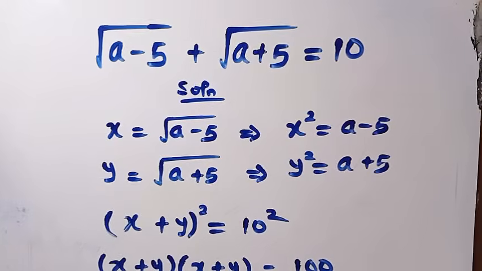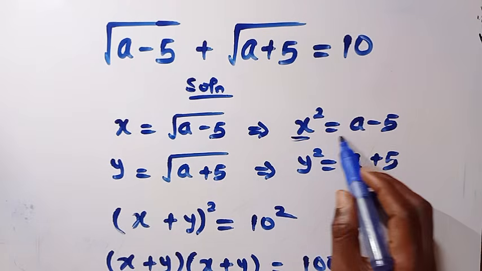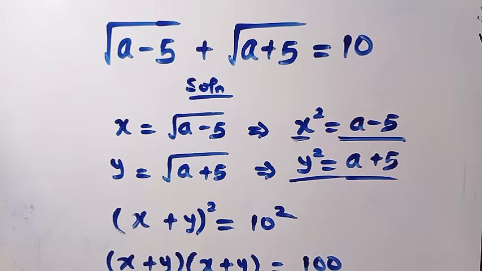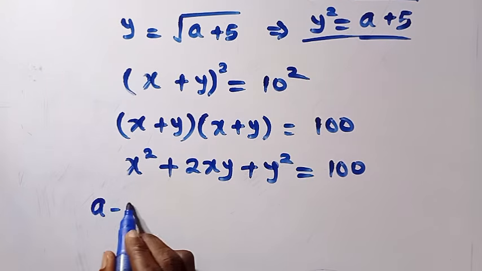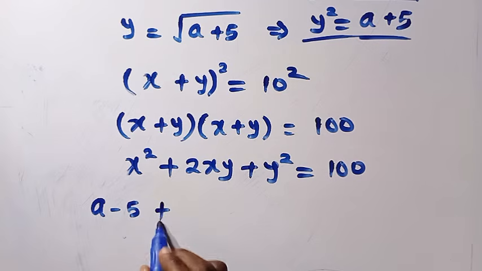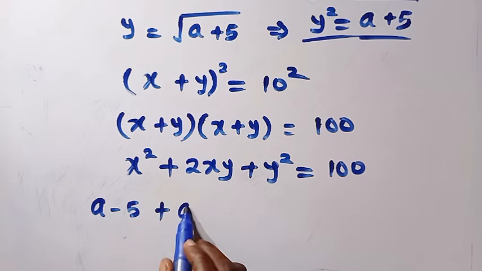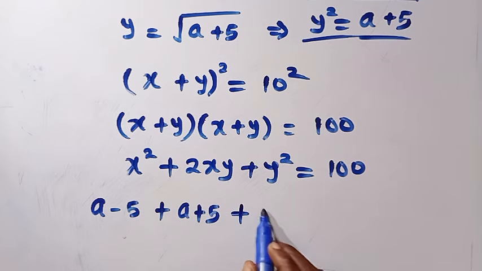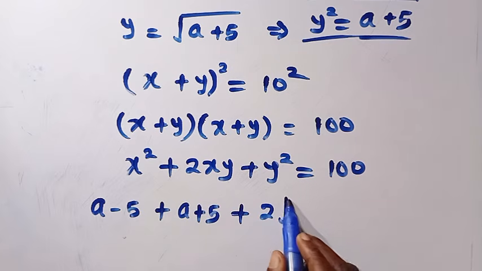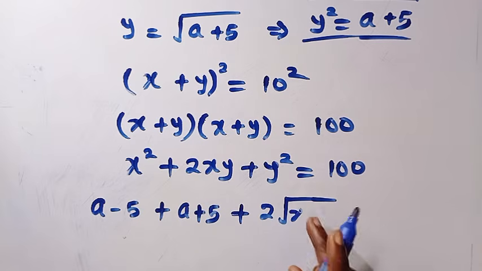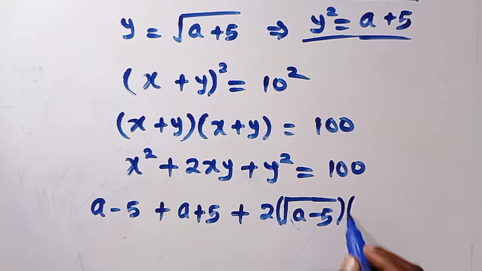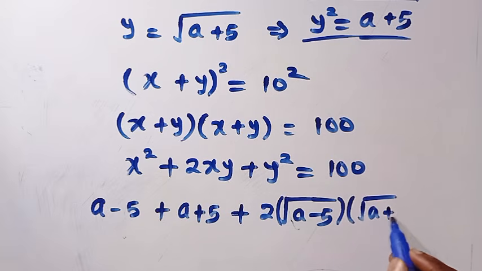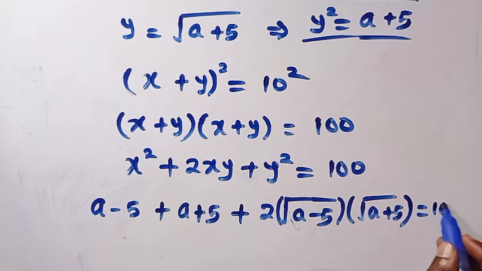But from here, x squared is given as a minus 5 and y squared is given as a plus 5. By replacing the two, we have a minus 5 plus a plus 5, then plus 2 multiplied by the square root of a minus 5 multiplied by the square root of a plus 5 equals 100.